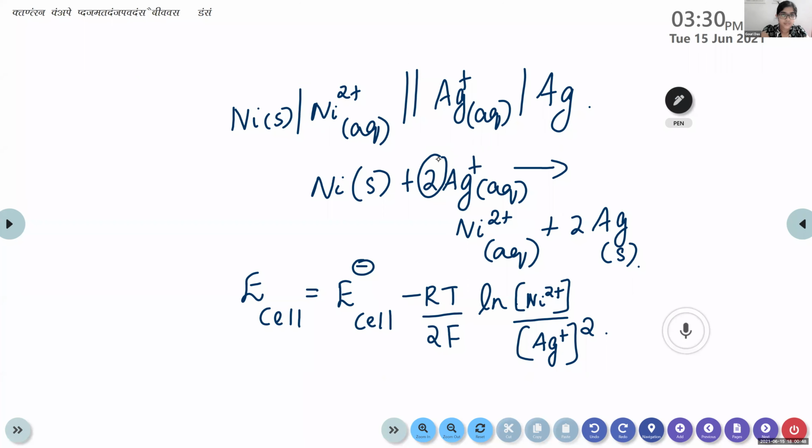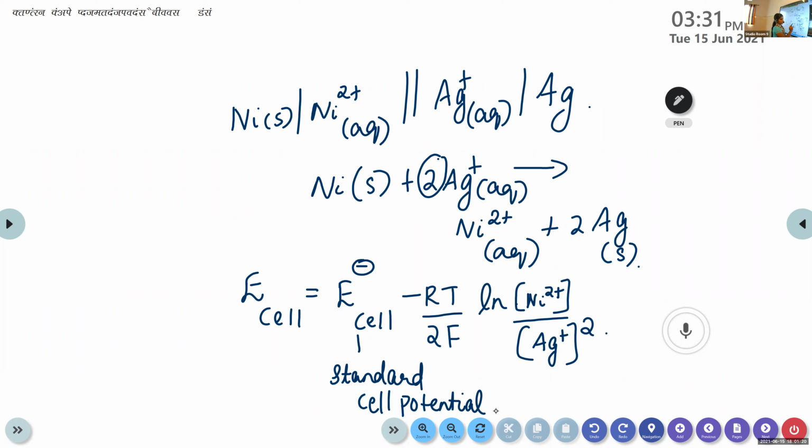Can you explain that? How to write this one? There is one general equation to write the Nernst equation for any cell. That is E cell is equal to E° cell, the standard cell potential, minus RT by nF.